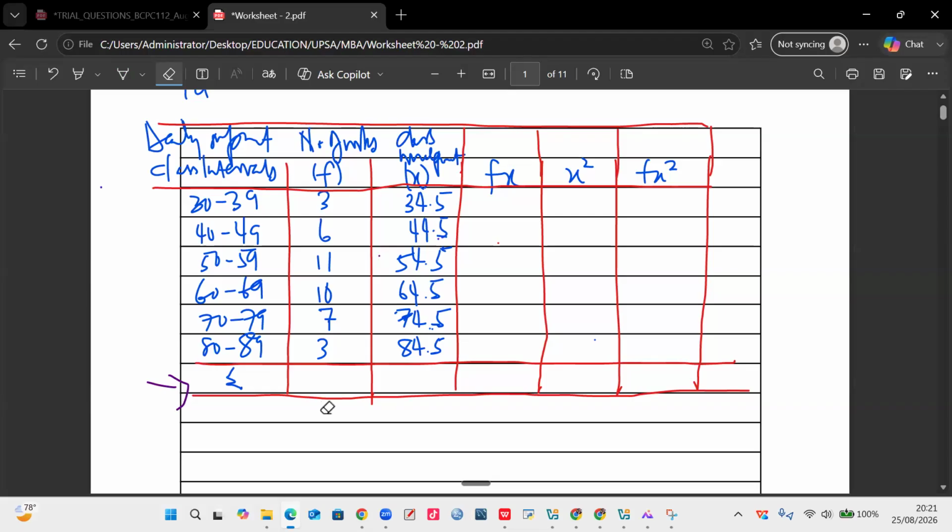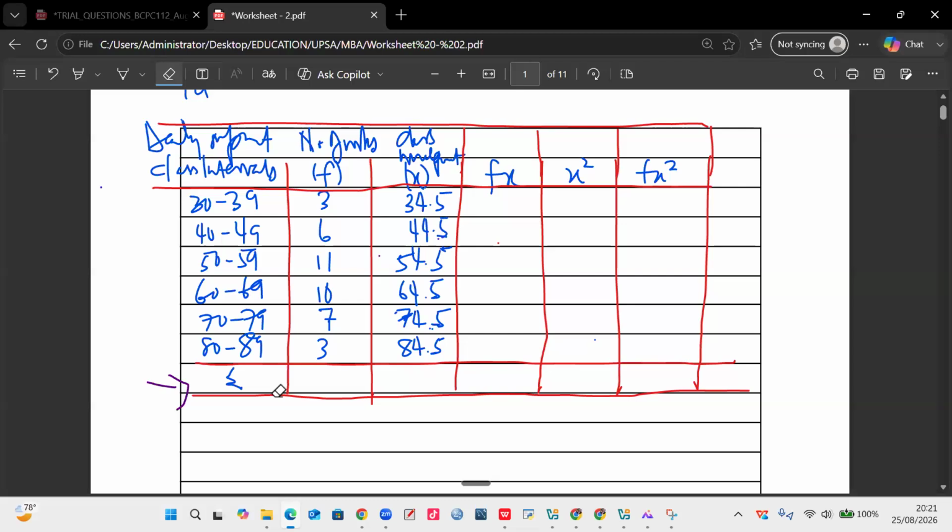Are you good? Yes. Then the number 2, we are seeing sigma X as printed on the screen, but technically it is sigma Fx.